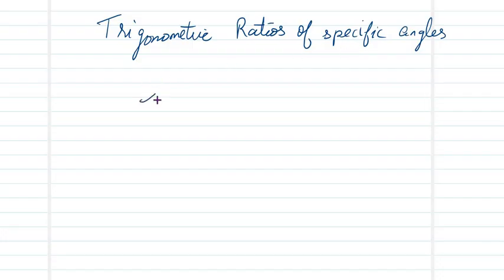For example, if I take the value of sine theta, where theta is equal to 30 degrees, sine of 30 degrees will be equal to half. Now let us see how fast we'll be able to learn all the different trigonometric ratios of special angles.